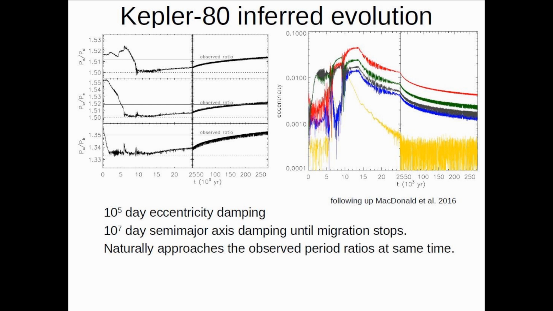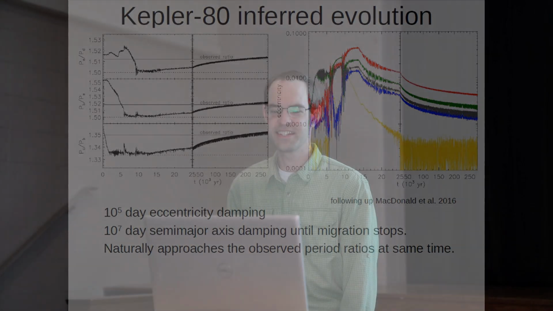So they all match the observed ratios all at the same time, and so that gives you these frequencies. So here's the orbital eccentricities pushing down as a function of time, and in concert with that, the orbital period spread.